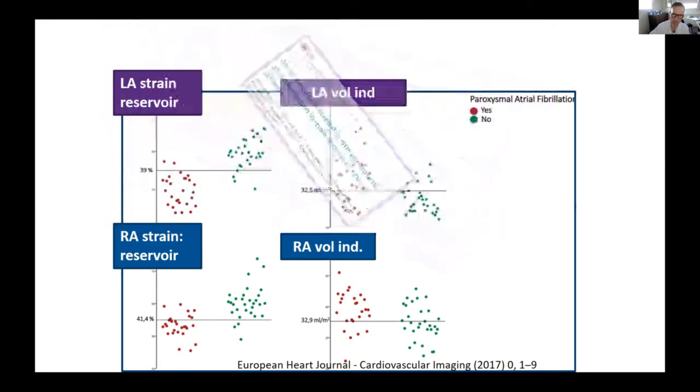And when you look at the value of LA size or RA size versus LA function assessed by LA strain or RA strain, you see that you are much more efficient for the prediction of the risk of arrhythmia when you look at LA reservoir function as compared to LA volume.